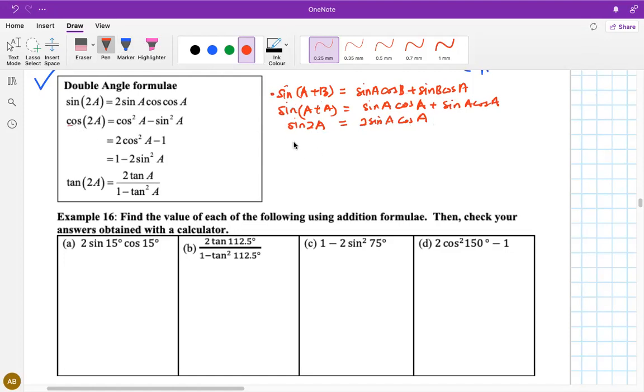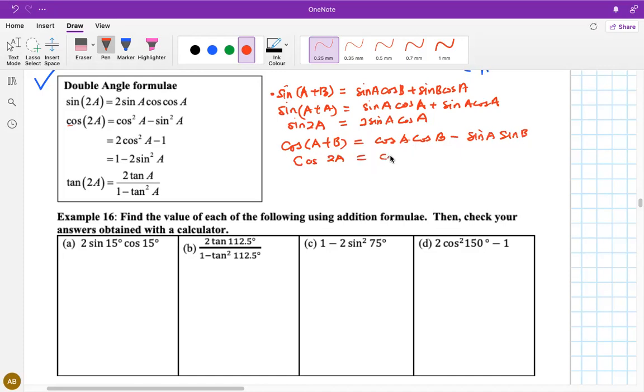So cos 2A is actually cos (A plus B). So you have cos A cos B, and then you minus sine A sine B. If you change the B to A, it becomes cos 2A, because A plus A is 2A.